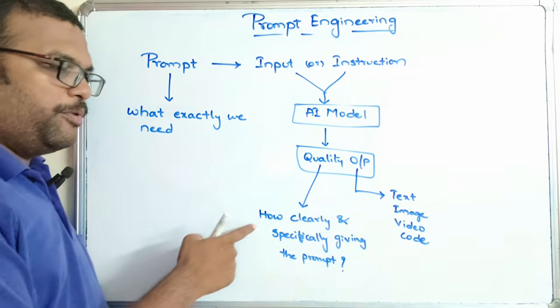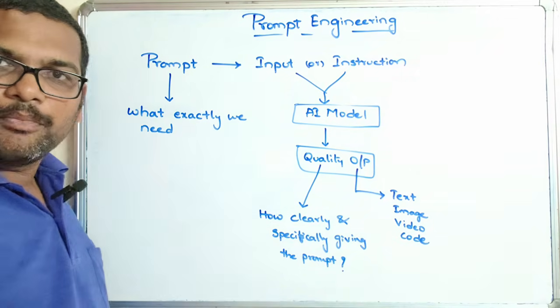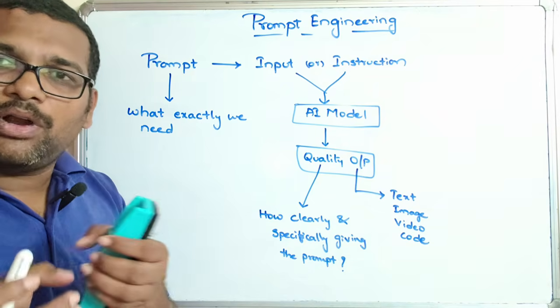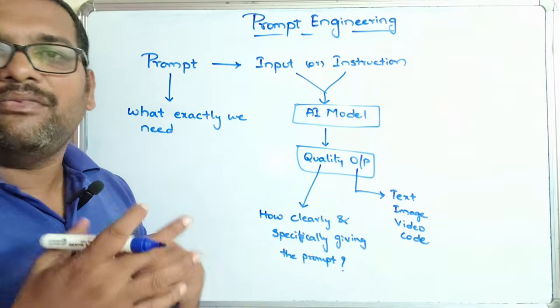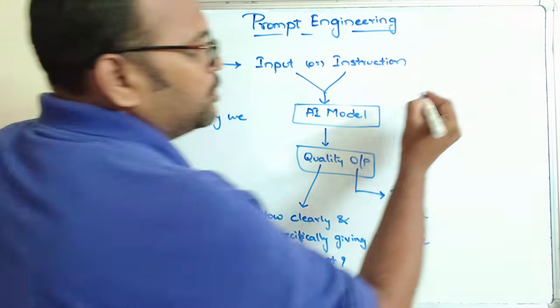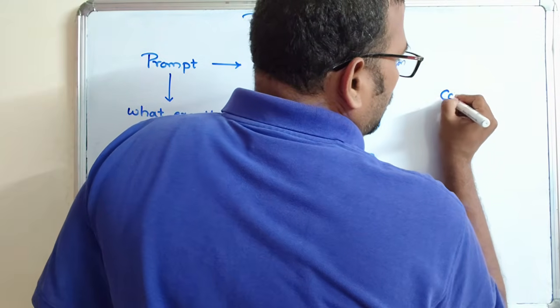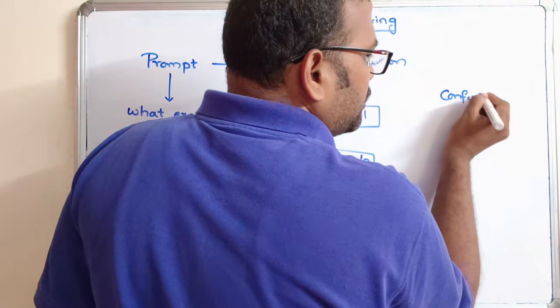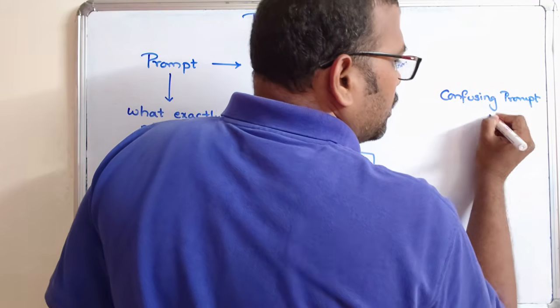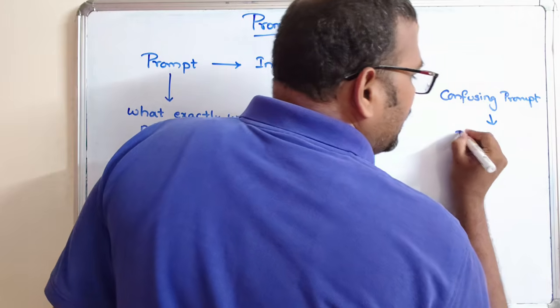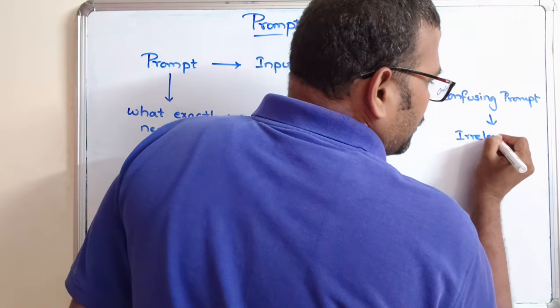If the prompt is somewhat confusing, automatically we will get irrelevant results. A confusing prompt will result in irrelevant results.